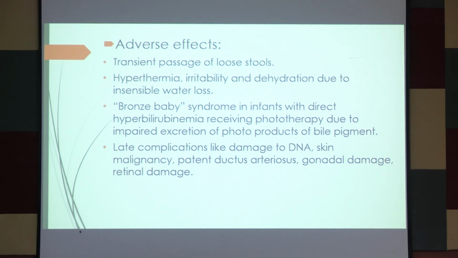Bronze baby syndrome in infants with direct hyperbilirubinemia due to impaired excretion of photoproducts of bile pigment. Due to release of these photoproducts of bile pigment, there will be bronze baby syndrome, and late complications like damage to DNA, skin malignancy, opening of PDA, gonadal damage and retinal damage. That is why genitalia and eyes are covered.